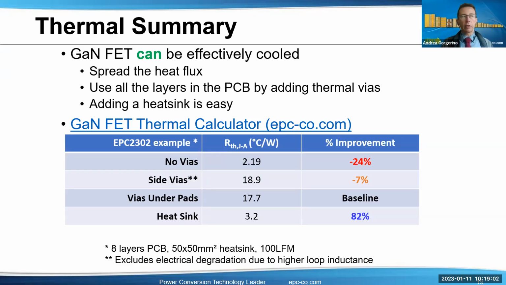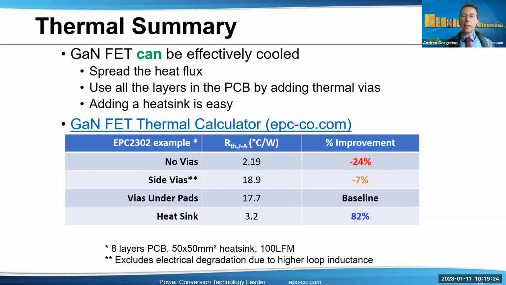In this case here is a single device. You can change the PCB layers, the amount of copper, the number of vias. You can put a heat sink, the airflow. There's actually a heat sink calculator in there also. So a lot of options. I just took a couple of examples here, put a few numbers to give you a feeling of the impact of the various things I just discussed.